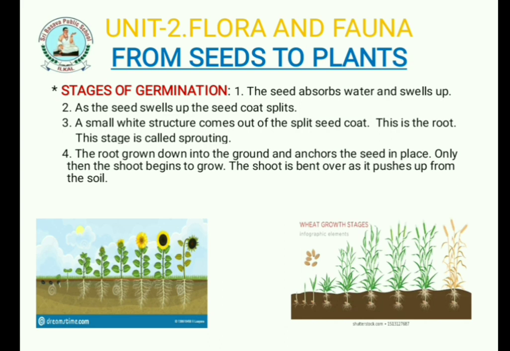The anchor helps the shoot begin to grow. So these are all the stages which take place during germination of seeds. One germination picture is of sunflower, and the next one is wheat.